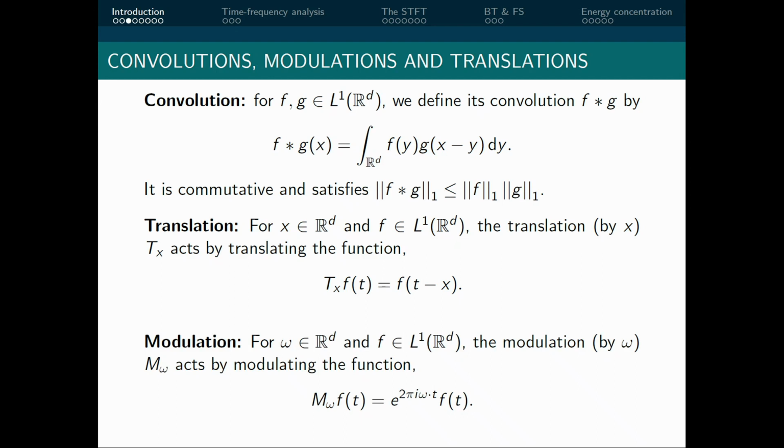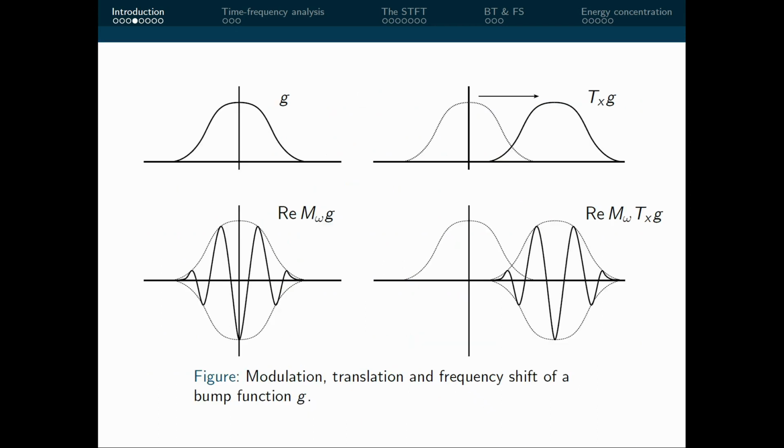They have this weird expression, but it becomes clear in this graph. If we have a bump function g, a translation would just move it, along the vector x in R^d. And for modulations, you can look at the real part of the modulation of g, which is like multiplying it by a wave.